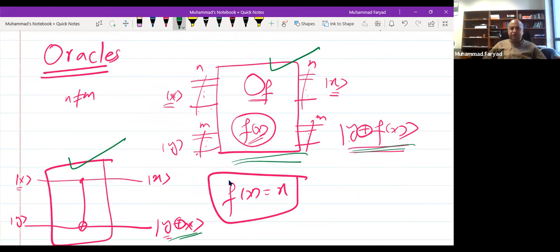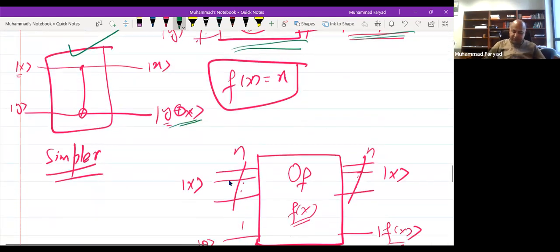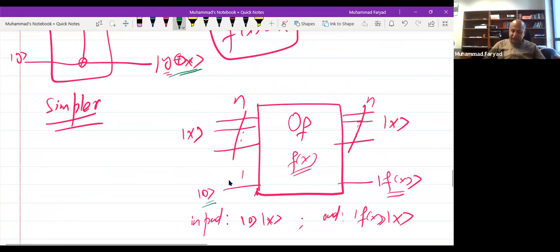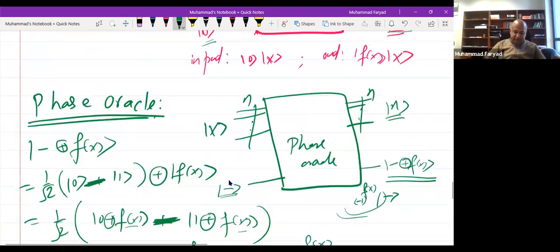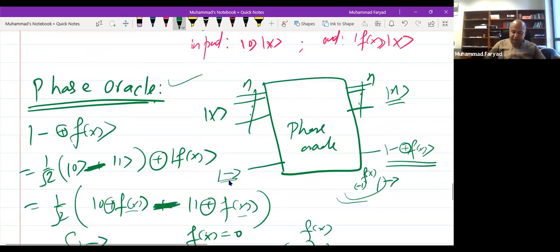Now from this we can prepare either an amplitude oracle, in which case we fix this input to 0, so that f of x just appears in the state, or we can construct a phase oracle by tying this auxiliary input to the minus state, because in that case the output of this auxiliary bit is minus 1 power f of x into minus itself.